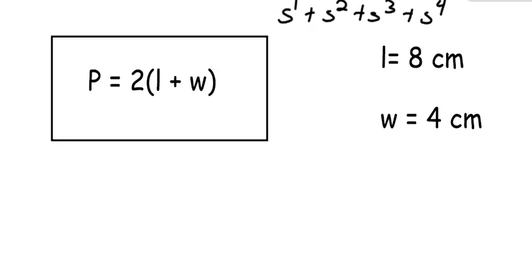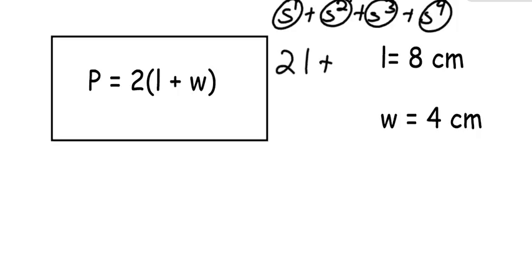But you know that in rectangles, 2 of the sides are the same. Side 1 and side 3 are going to be the same, just like side 2 and side 4. So with length and width, in the past we've looked at 2L plus 2W, so 2 times the length and 2 times the width, as one possibility.